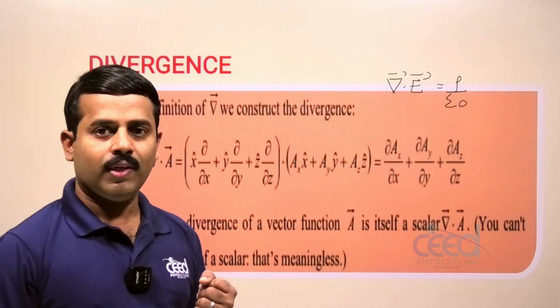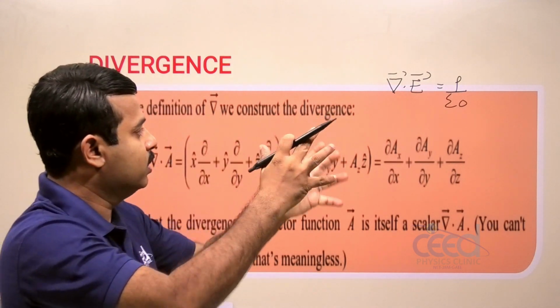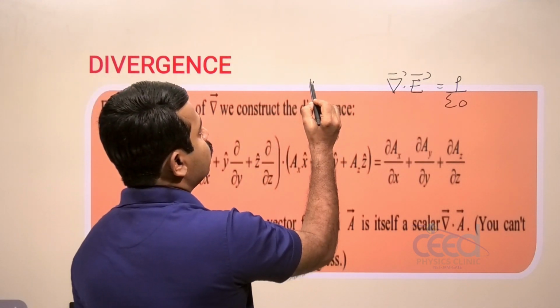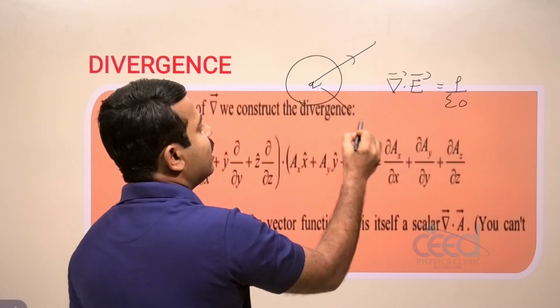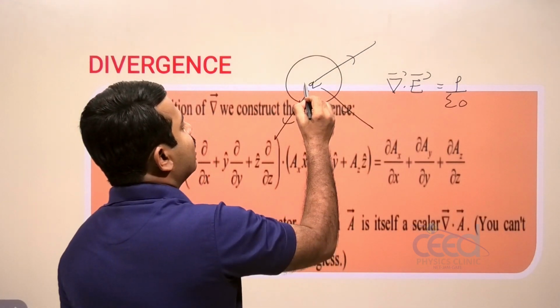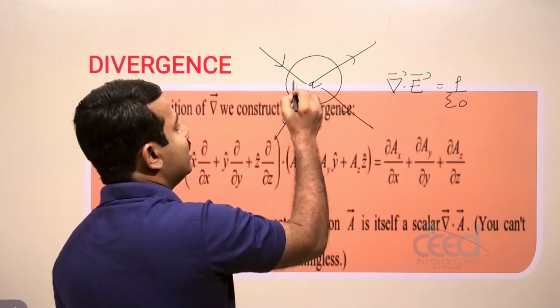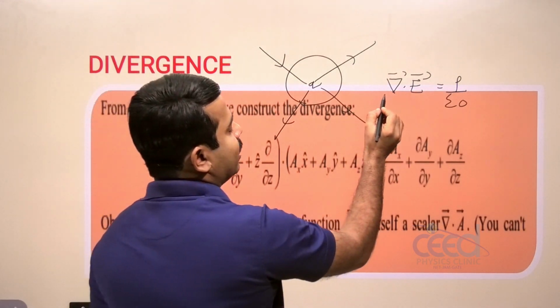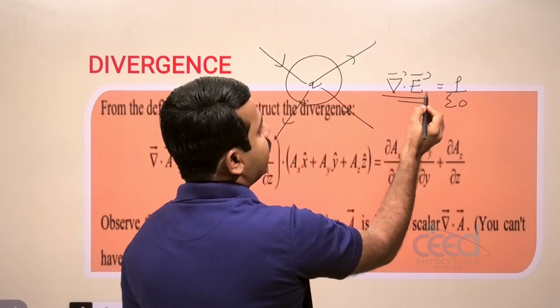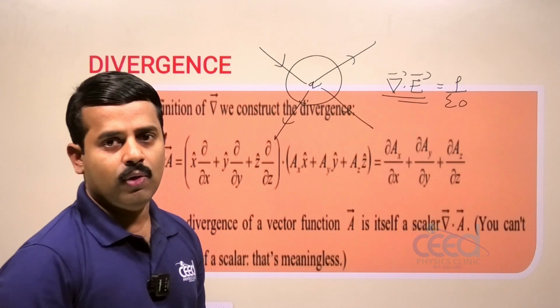What does it mean? The electric field is diverging. Suppose you place a point charge, the electric field is always diverging. If the charge density of this particular sphere is rho, then the divergence of the electric field is rho by epsilon 0.